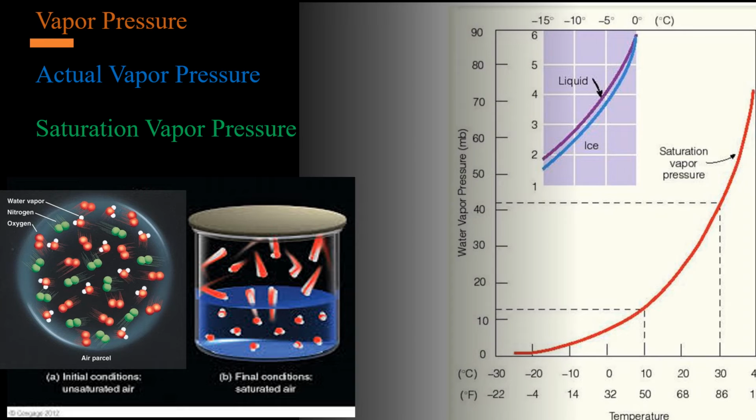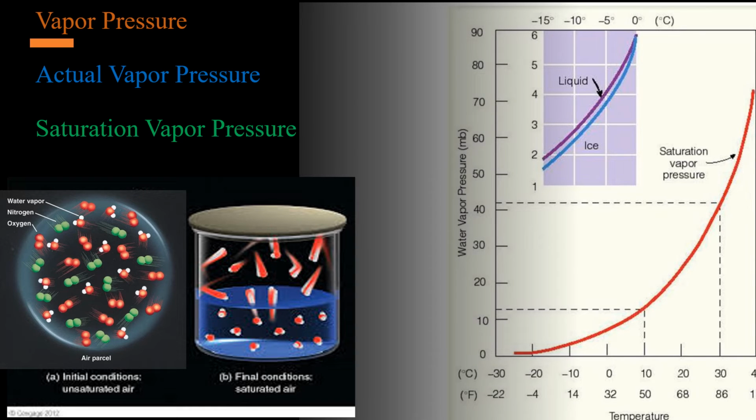Since the number of fast-moving molecules increases as the temperature increases, the number of water molecules escaping per second increases also. To maintain this equilibrium, this situation causes an increase in the number of water vapor molecules in the air above the liquid.